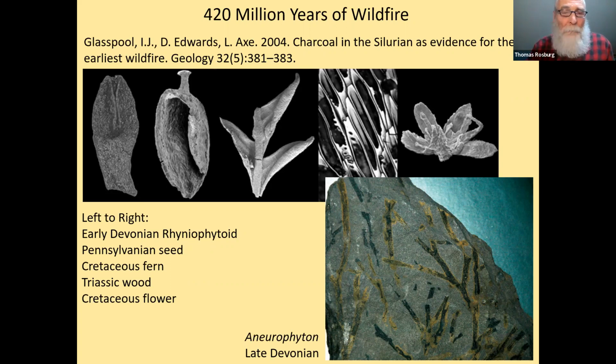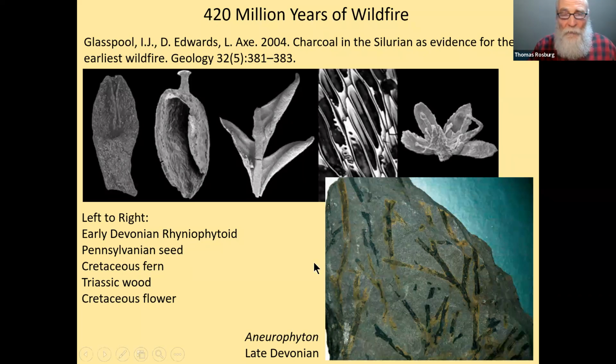And then we have Pennsylvanian age. That's the age, time period, not the state. But Pennsylvanian is 340 million years ago, a seed. And a Cretaceous fern. Cretaceous is about 100 million years ago. Triassic wood right here. Triassic is about 225 million years ago, and then a Cretaceous flower over here.